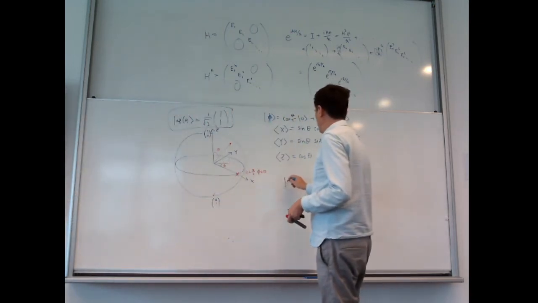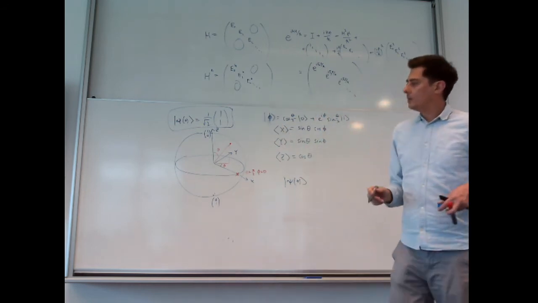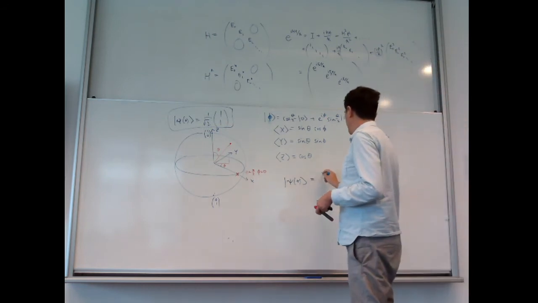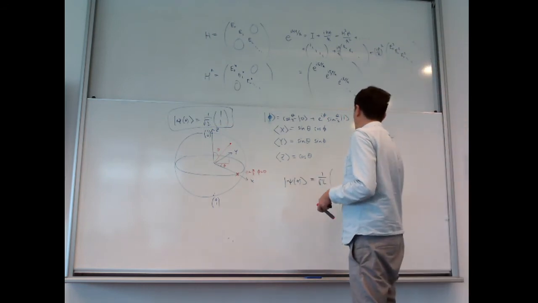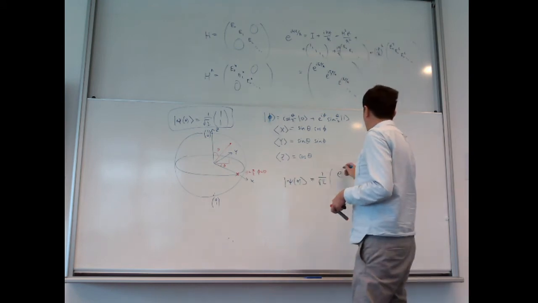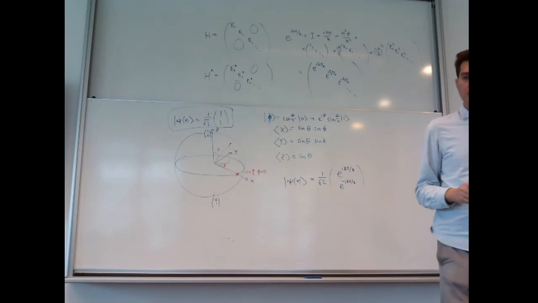Let's look at the example that we're doing here. Alpha and beta are both 1 over root 2. And so this is going to be e to the i b t over h bar, minus i b t over h bar, something like this.